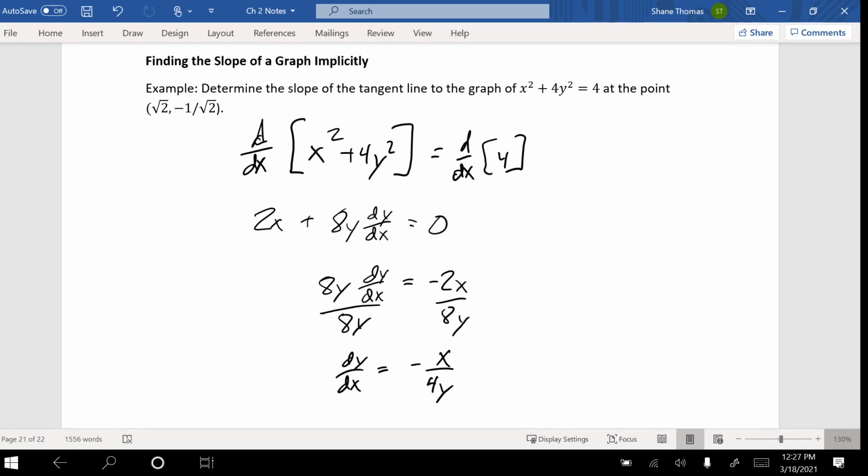And then from there, let's plug it in, because there's nothing else to do there. There's our derivative. We found dy/dx for this equation. Now let's take that, plug it in. So we're looking at the point root 2, negative 1 over root 2.